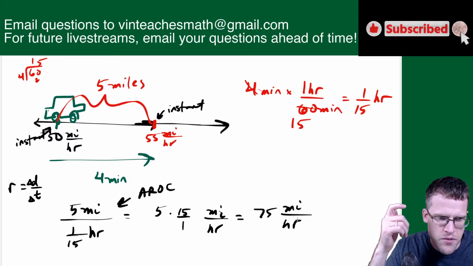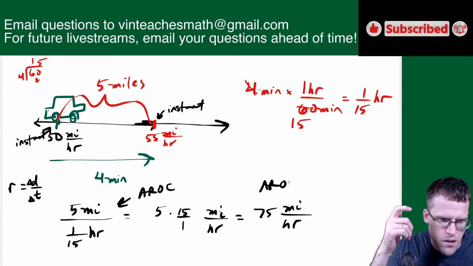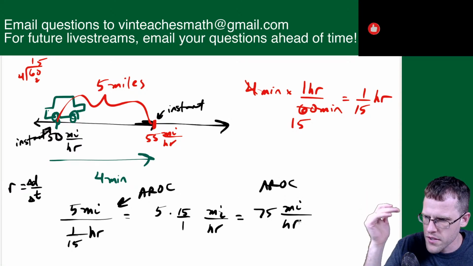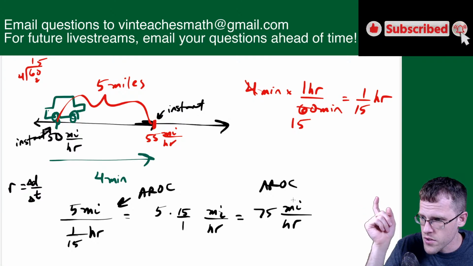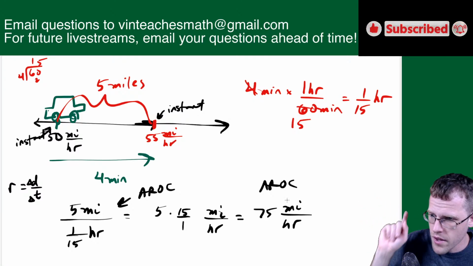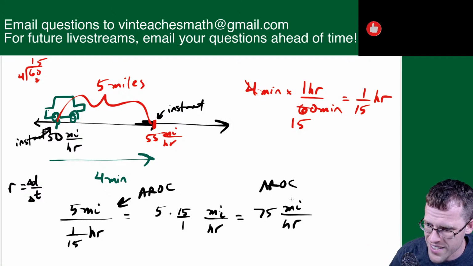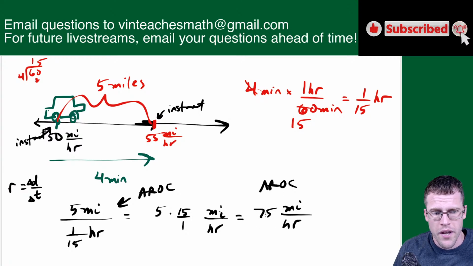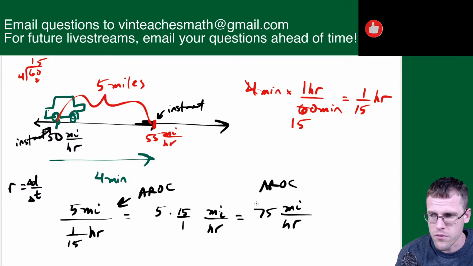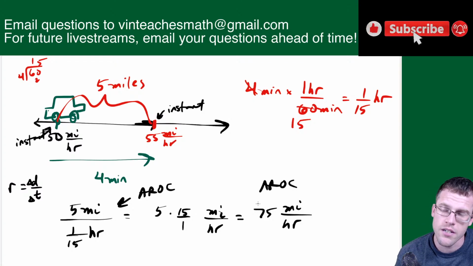So the average rate of change is this here. So what that tells us is if they want to use MVT to prove the driver exceeded the speed limit, they definitely did. Because the only way to have an average of 75, you would have to have some values that are at least 70.